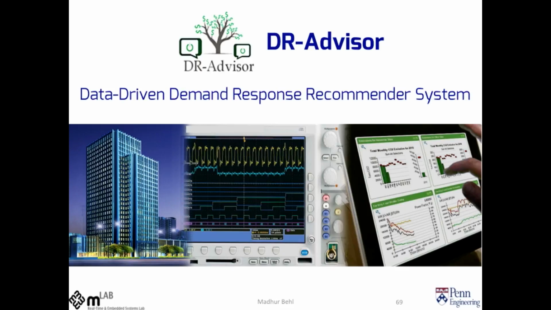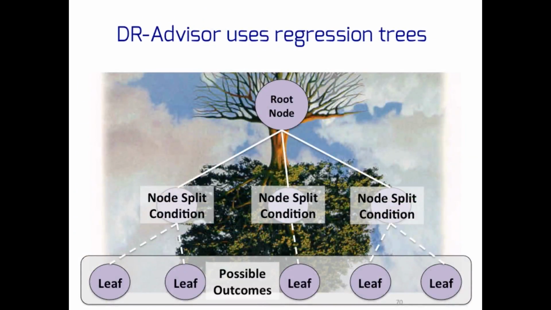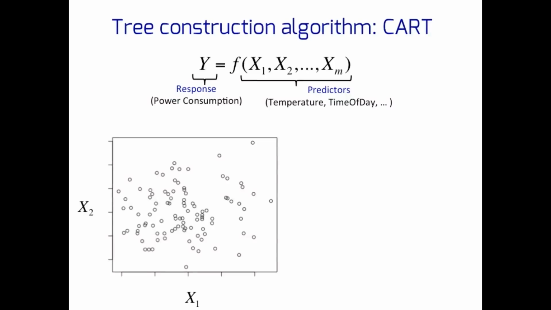The black box model that DR Advisor is based on is what is called regression trees. The idea behind regression trees is the following, as described by the seminal algorithm for building trees, called CART. What we are trying to do is model the response, which is the power consumption, as some function of our predictors, or what we believe influences the power consumption to begin with.